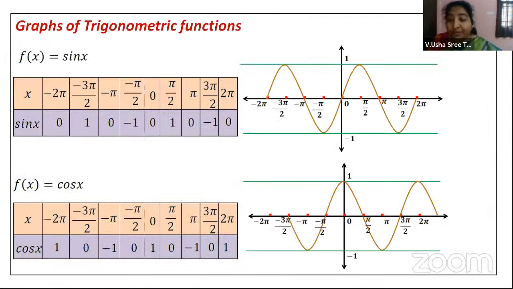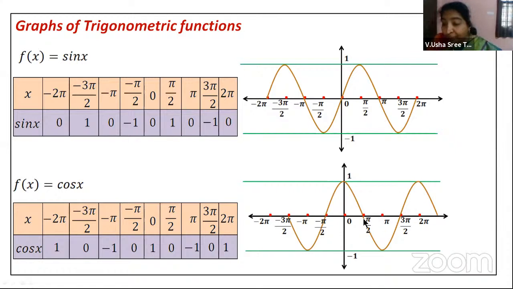So it means what? Here again, the pattern is repeating. Did you observe this? The pattern is repeating. Now from minus 3 pi by 2 to minus pi, it is 90. From here to here, again 90, so 180. From here to here, it is 90 again, so 270.